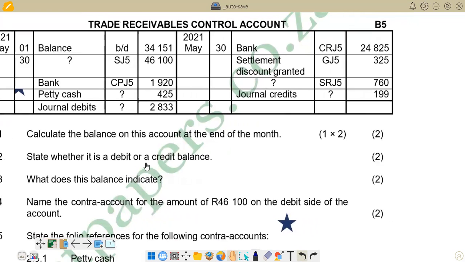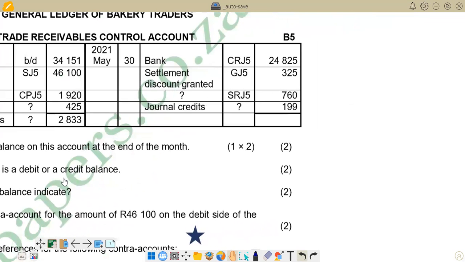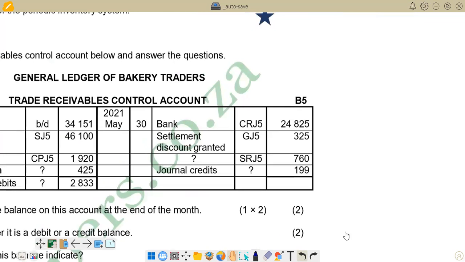Here, we can just summarize in terms of the totals of the debits and the credits. If you look at it, on the debit side we've got 34,151 here, and 46,100 here. That makes this debit side bigger than the other one. So we can start by calculating the difference.